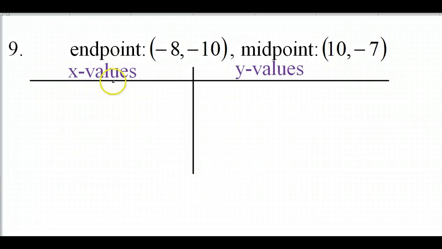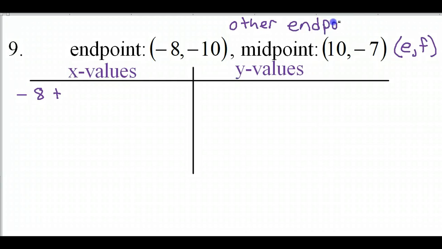Number 9, x values would be -8. Oh yeah, let's not forget the magical other endpoint would be (e, f). Hey, other endpoint, what's up?